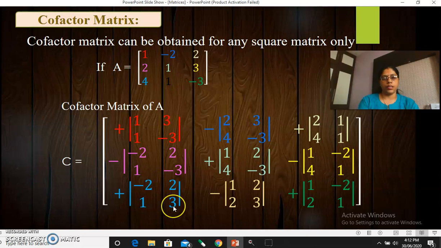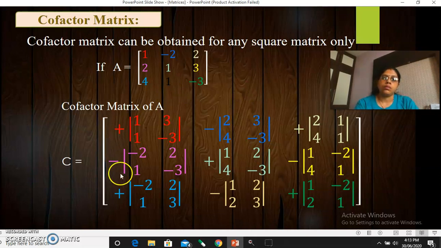Next, for this element, third row, second column we hide. The remaining elements are 1 2, 2 3. And the last, plus, for the last element minus 3, hide the row and the column. The remaining elements are 1 minus 2, 2 1.